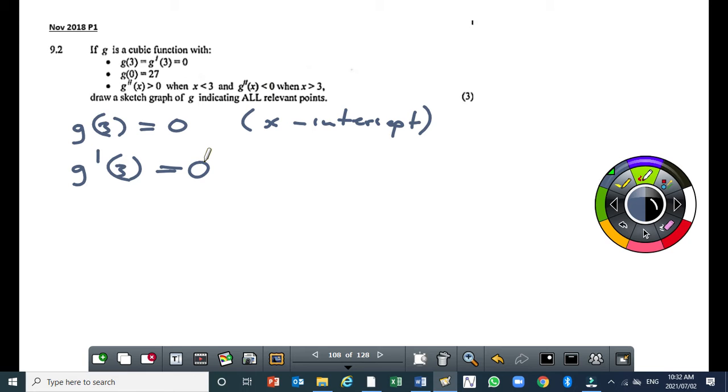Okay? Please, don't get confused. The moment you see this, it means you are talking about the derivative, the gradient. Just to remind you, the derivative is also the gradient. The word derivative, I told you in the past, it's a calculus word for gradient.